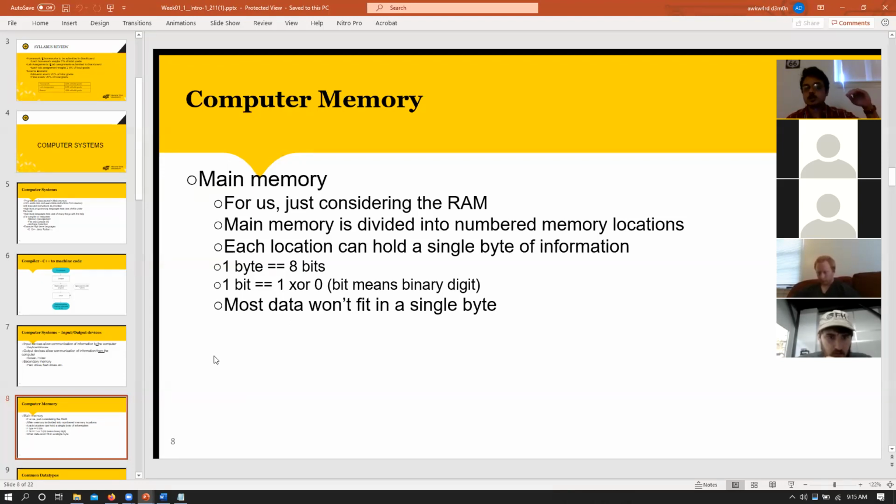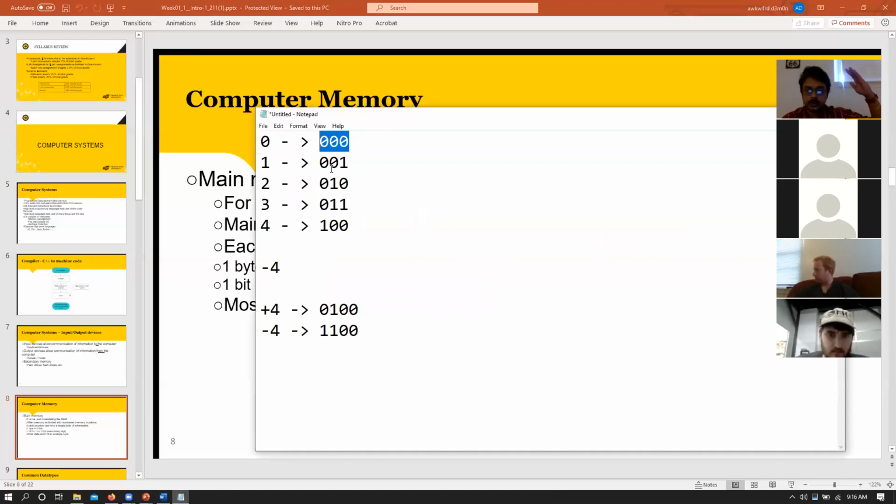So in short, we also call them bits, binary digits. If we have a set of bits, we can then use those to represent something. So for example, your numbers from 0 through 4 were represented in 3 bits, right? So the positive 4 and the negative 4, for our example, were represented in 4 bits.